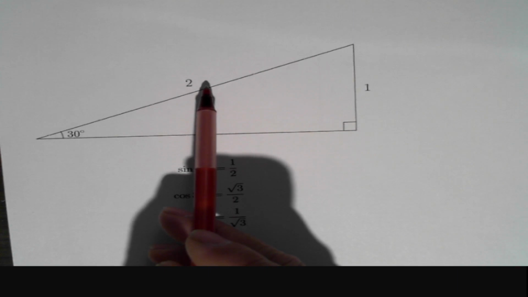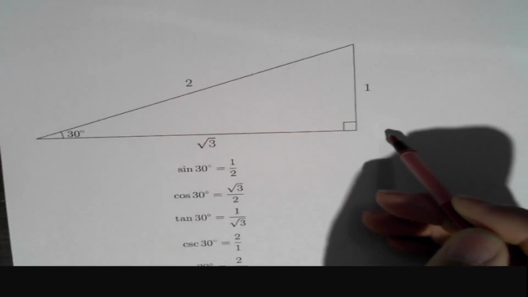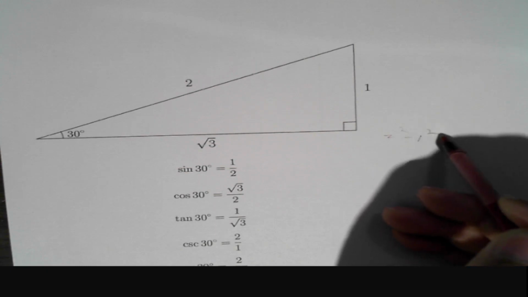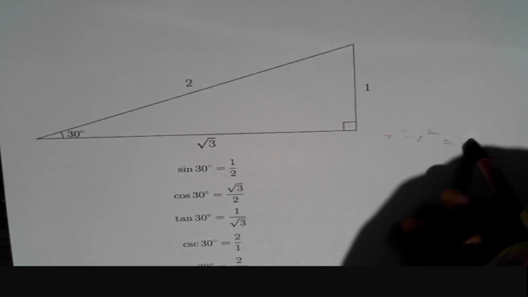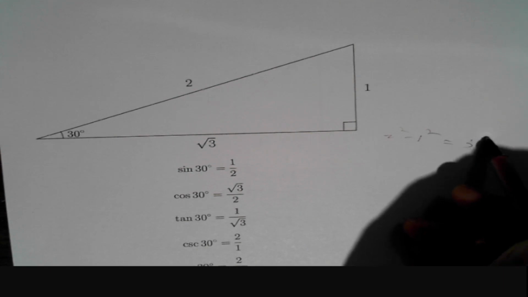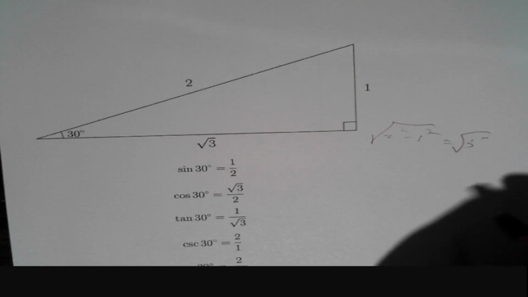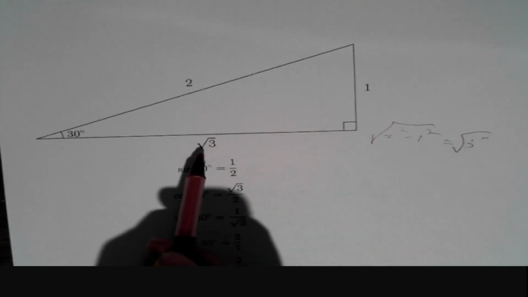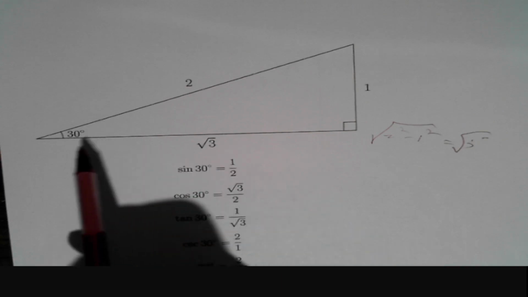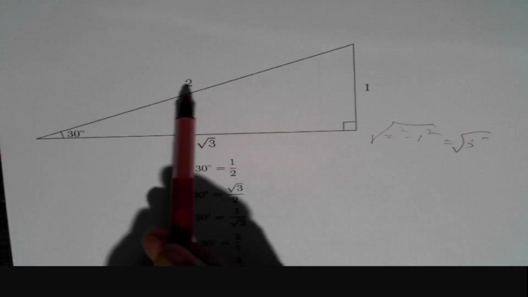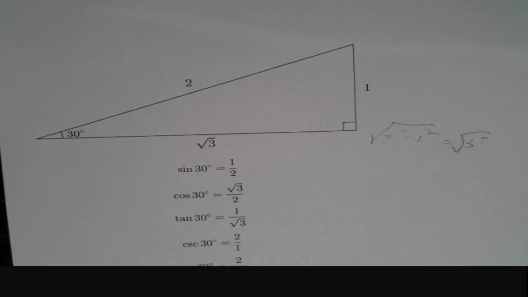Using the Pythagorean theorem, 2 squared minus 1 squared will be 3. Then you put the square root sign, so the other side is root 3. And then you just apply the definition. So sine 30 is opposite over hypotenuse, 1 over 2. So sine 30 is 1 over 2.